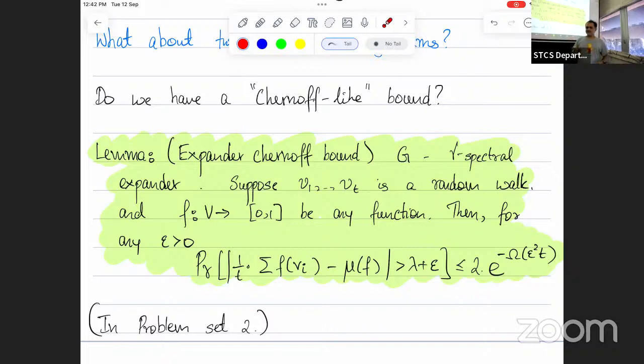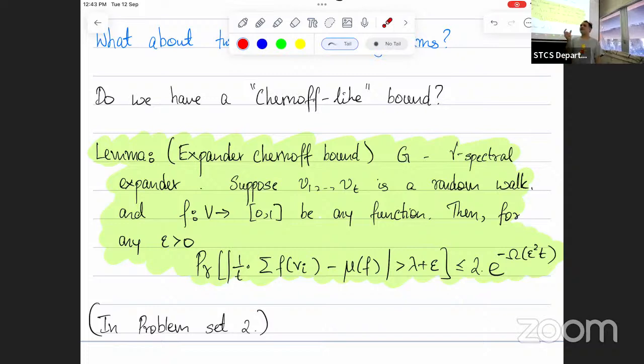So in some sense, it says that depending on what your setting of lambda is, the probability of a deviation of more than lambda is exponentially small. There are also analogs of this where, if you really insist that you don't want this lambda to show up here, there are alternate statements. But usually this is the more useful notion because, as we will see in the next class, you will be able to tailor your lambda the way you want.